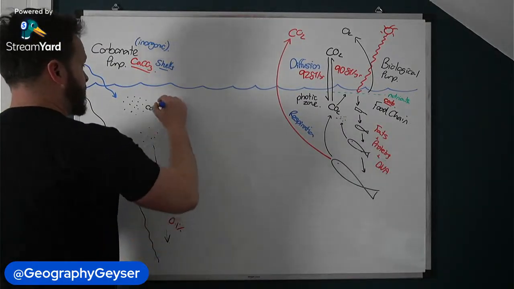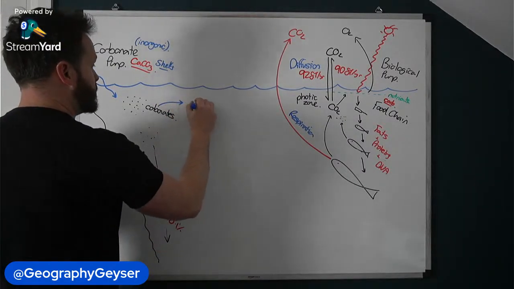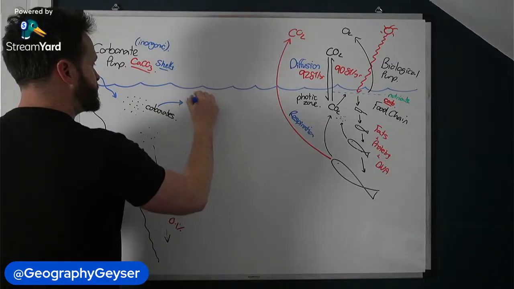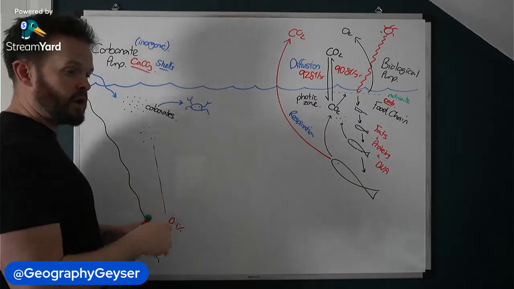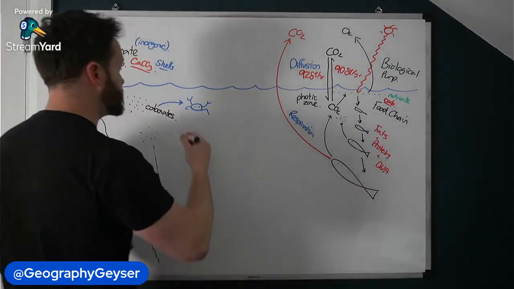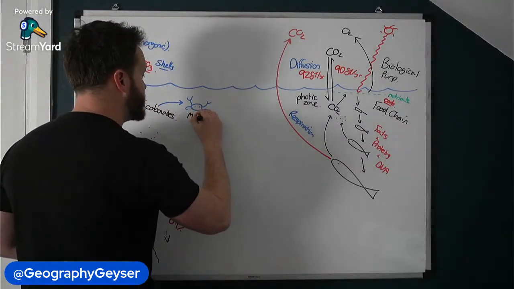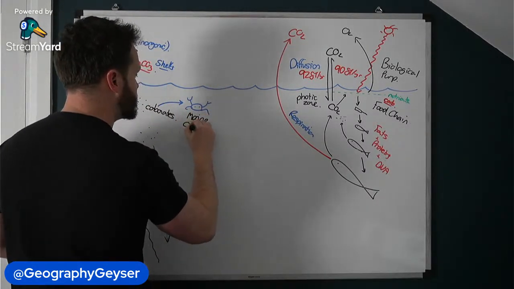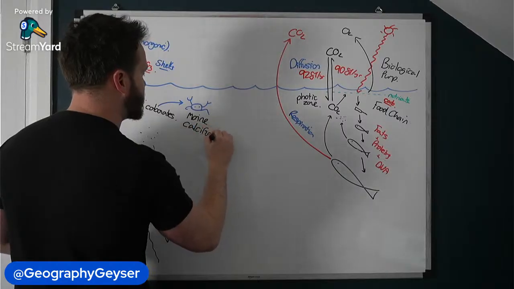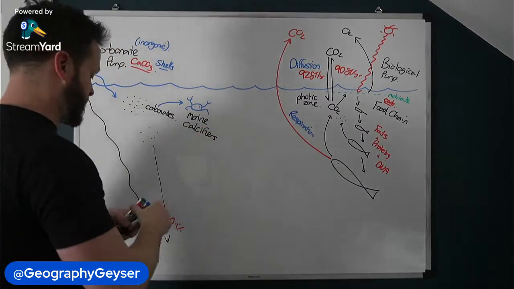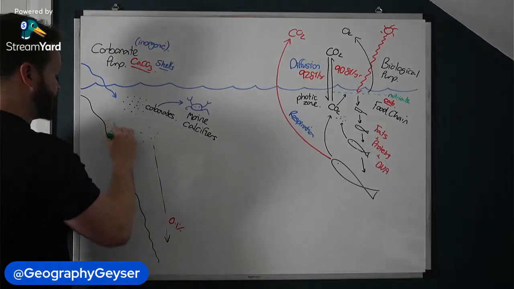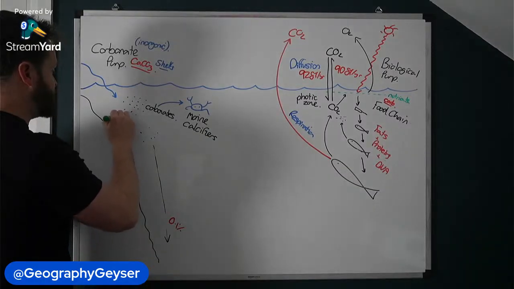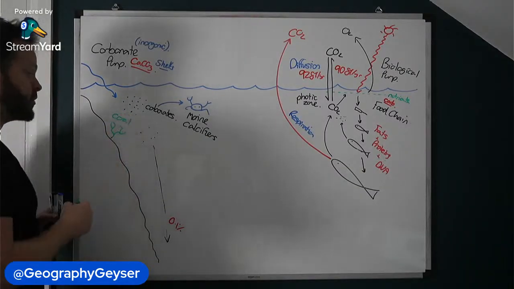What happens to a lot of the carbonates is that they become part of the shells of crustaceans, mollusks, or given their collective name, marine calcifiers. What also classes as this is coral.